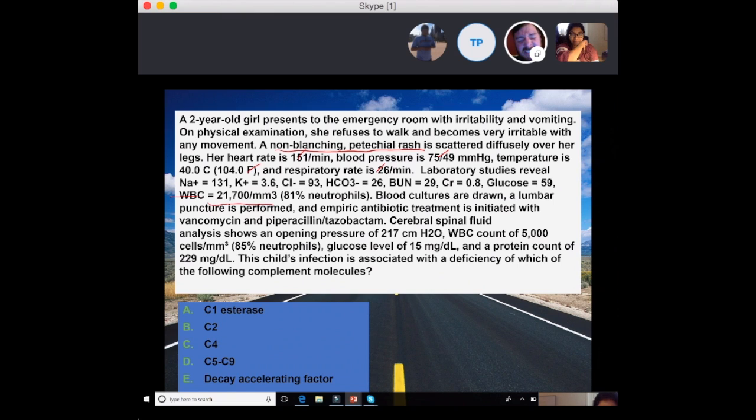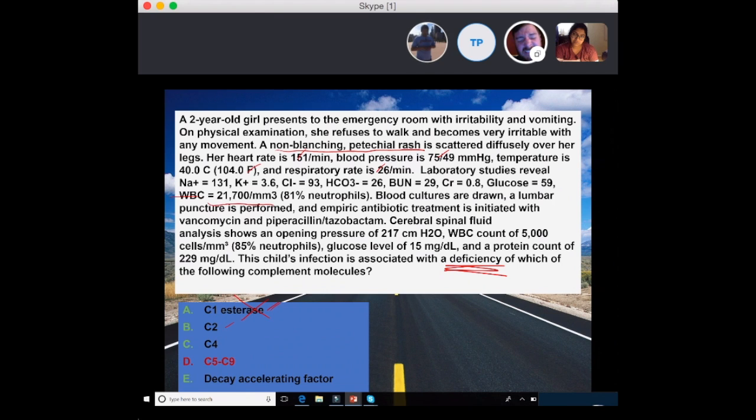All right, well, if we can't deduce it from there, let's go to the answer choices. Again, it wasn't discussed in the lecture I just gave today, but let's go through. What if we had a C1 esterase deficiency? Because we're talking about what deficiency would cause this picture. That'll be angioedema, right? So it's not this one.